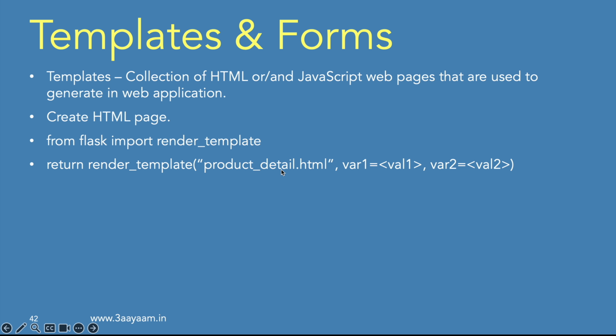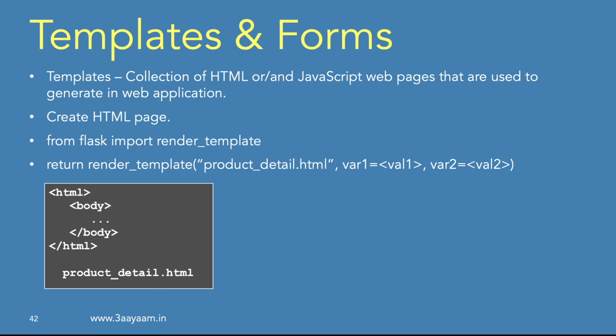For example, product_detail.html. It can contain JavaScript also. So this web page would be shown to the end user. So this is how it is. We have HTML code, let's say product_detail.html. Now let's say I want to show this page to the user.